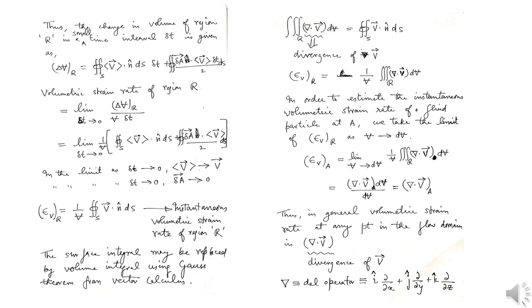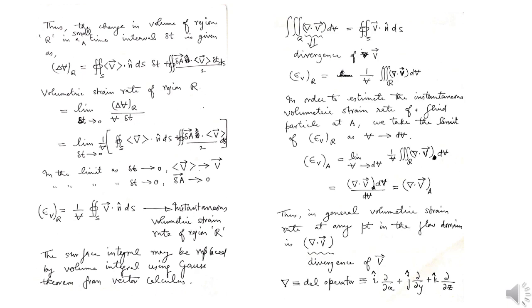We are taking the divergence of the vector function V. So in the Gauss theorem, the surface integral of the normal component of the velocity over the surface of a material region R is equal to the integration within the region R, over its volume, of del dot V. That means I can replace my surface integral using the Gauss theorem with this volume integral.